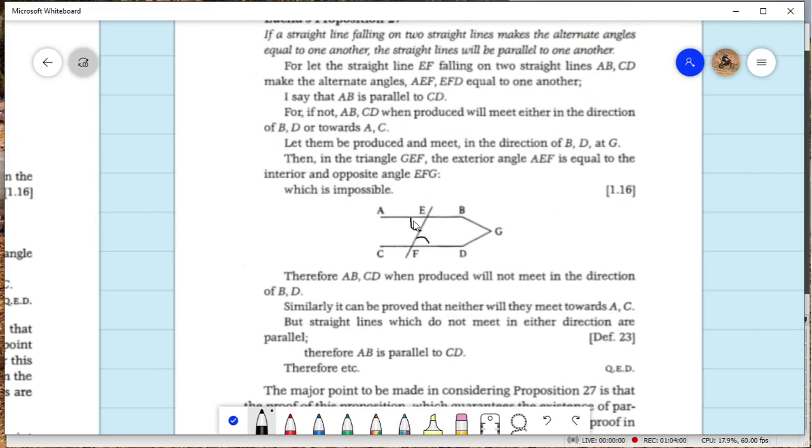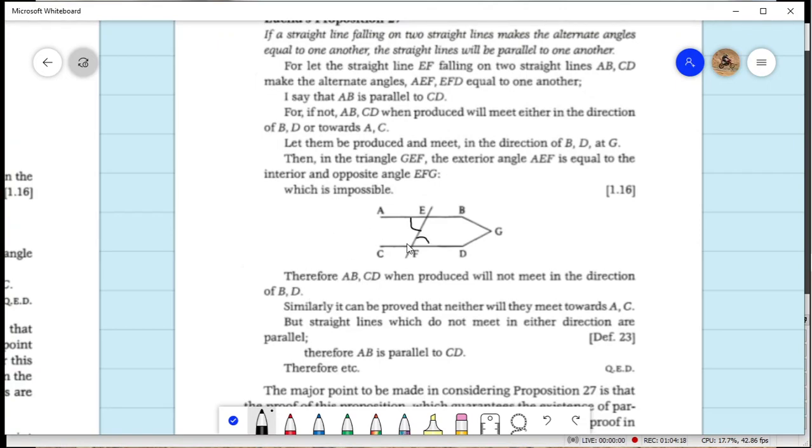Okay, so that's by the preceding theorem, or proposition 16. Therefore, the lines AB and CD when produced will not meet in this direction. So it should be towards A and C.